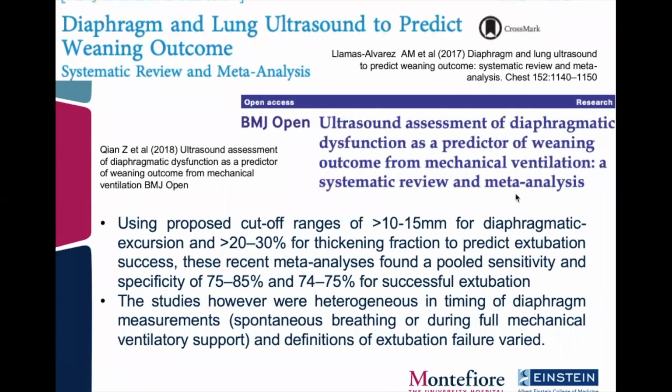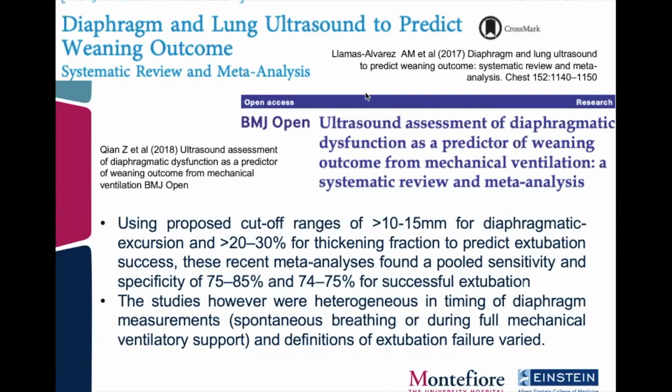So there have been 2 large meta-analyses looking at diaphragm assessment on ultrasound, using proposed cutoff ranges of 10 to 15 millimeters for diaphragmatic excursion and greater than 20 to 30 for thickening fraction to predict extubation success. These 2 meta-analyses found a pooled sensitivity and specificity of about 70 to 80% for successful extubation.